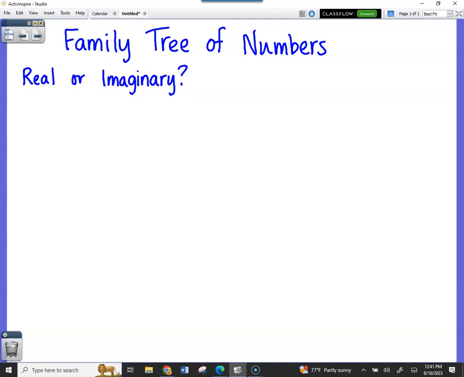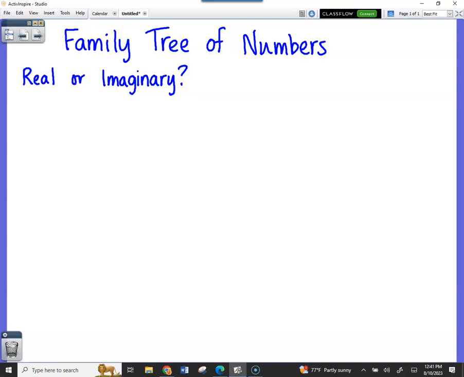We are going to focus on just the real numbers because they're the ones that actually break down into smaller subcategories. The imaginary numbers are simply that. They're imaginary. They have an i in them to let you know that they're imaginary, and we will talk about them another time.